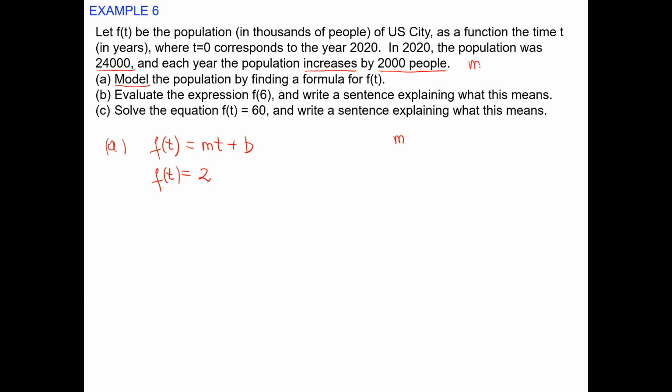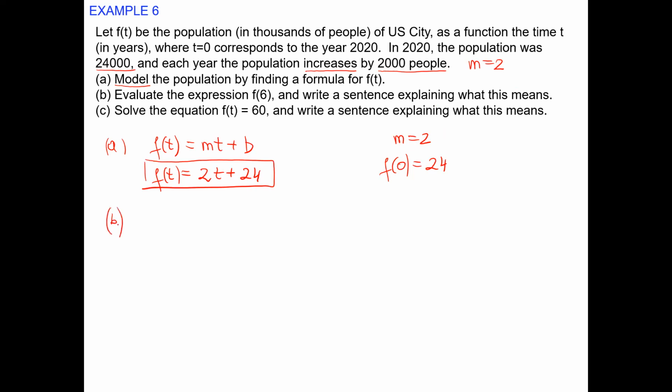I can say slope is 2 because it's in thousands. So 2t plus, and the value at 0 is 24,000. Just this, done. Okay, this is our model.